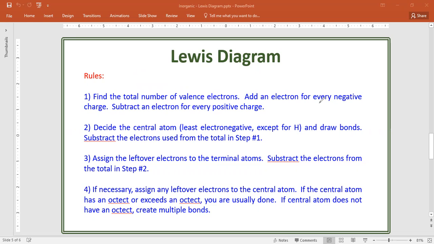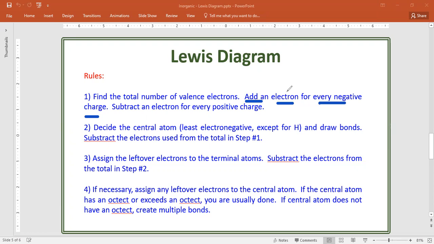Add an electron for every negative charge. Subtract an electron for every positive charge. In silicon tetrafluoride, for every fluorine, fluorine carries the negative charge, as it is the more electronegative atom.